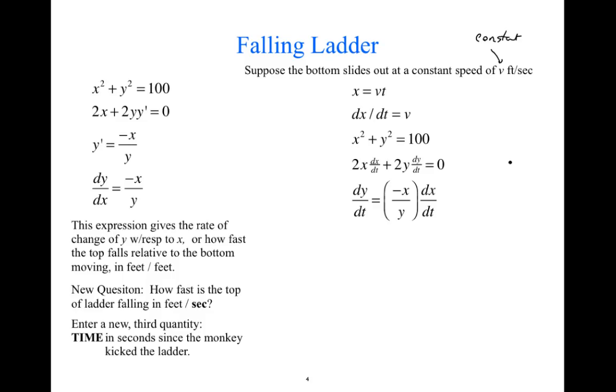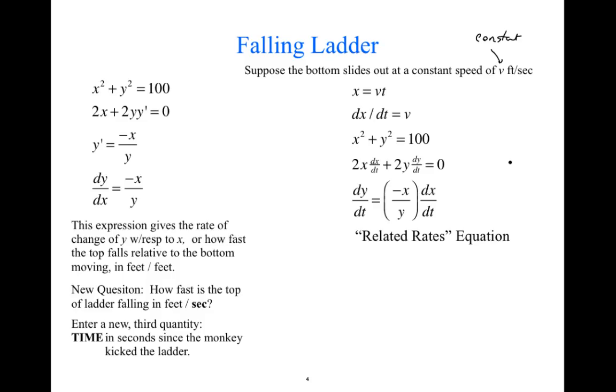Now we have something we've never seen before. We have an equation that has more than one different rate of change in it. So this equation brings together the rate of change of y with respect to t and x with respect to t in the same equation. Two different rates. Okay? So this is why we call it a related rates equation.